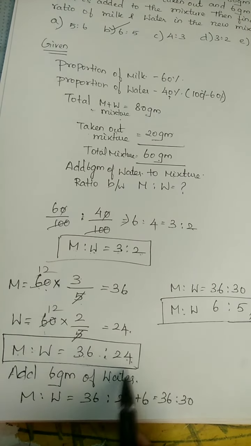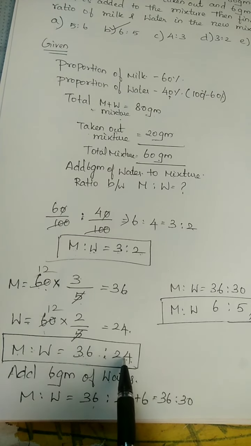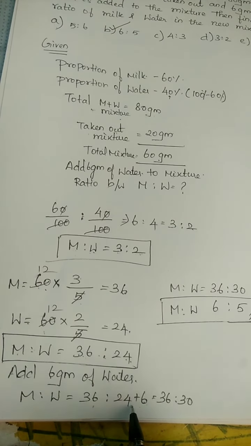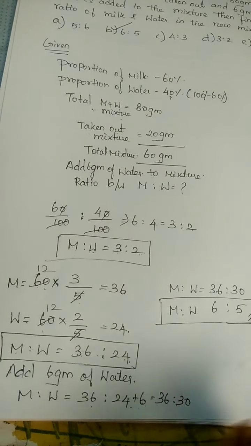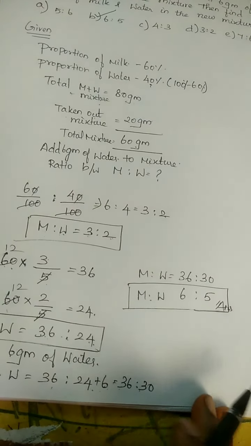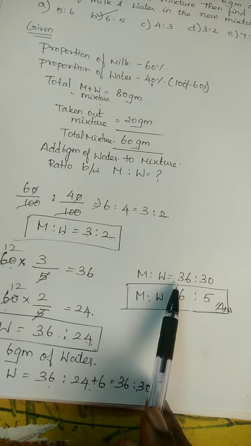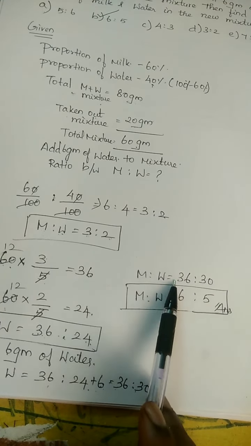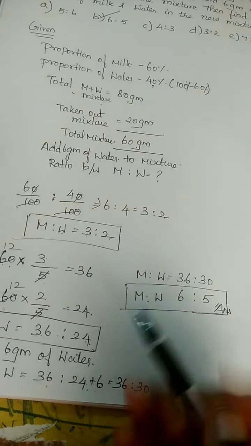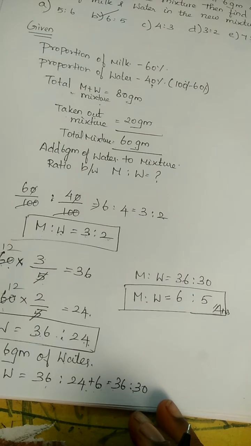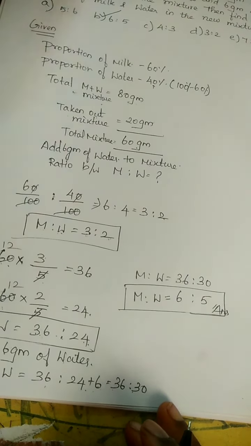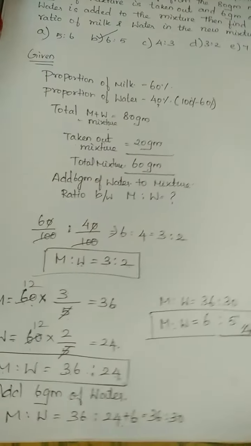So 36, and 24 plus 6 for water. 36 is to 30. Now take the ratio. The common number is 6. Divide by 6. 6 into 6 are 36, 6 into 5 is 30. So the new ratio of milk and water is 6 is to 5. Option B is the correct answer.